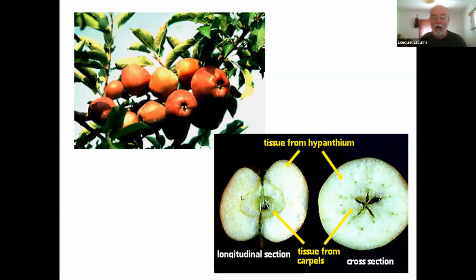This is the fertilized ovary, and you can still see that it has the bottle shape of the pistil, and surrounding it, what you will see is the growth of the hypanthium. So the tissue of the hypanthium, once the ovules become fertilized and the ovary starts growing, also starts growing and becomes fleshy. That's in the rose hip also, but it's very, very attached to the ovary inside and the ovules.